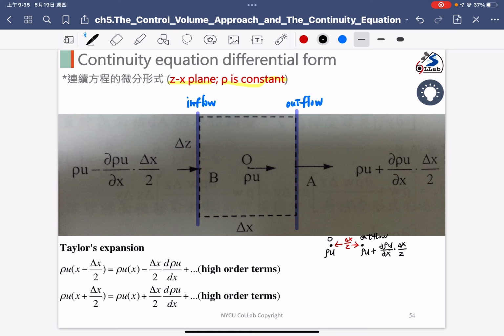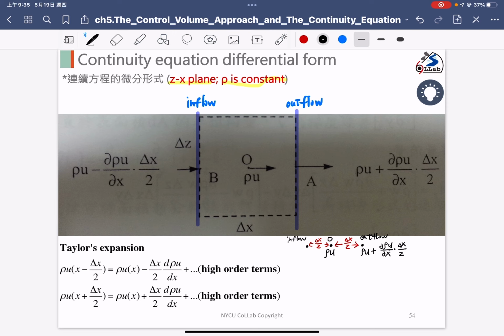Similarly, you can put another point on the left hand side, and this point is the inflow point, and the distance between the 2 points is also delta x over 2.